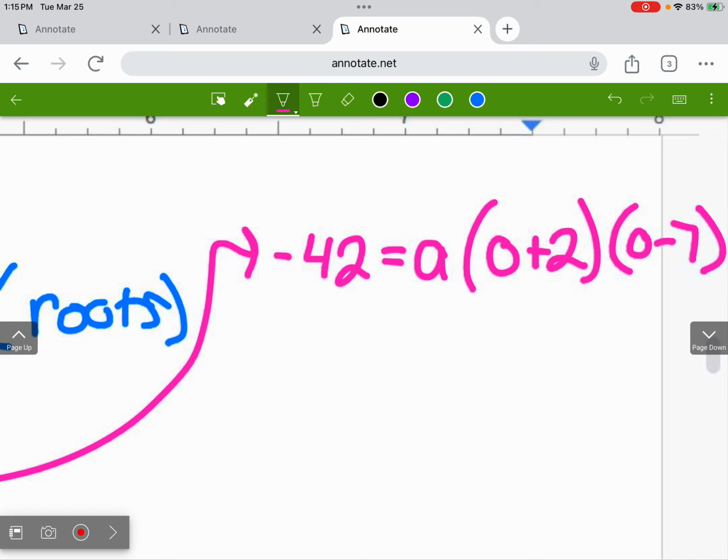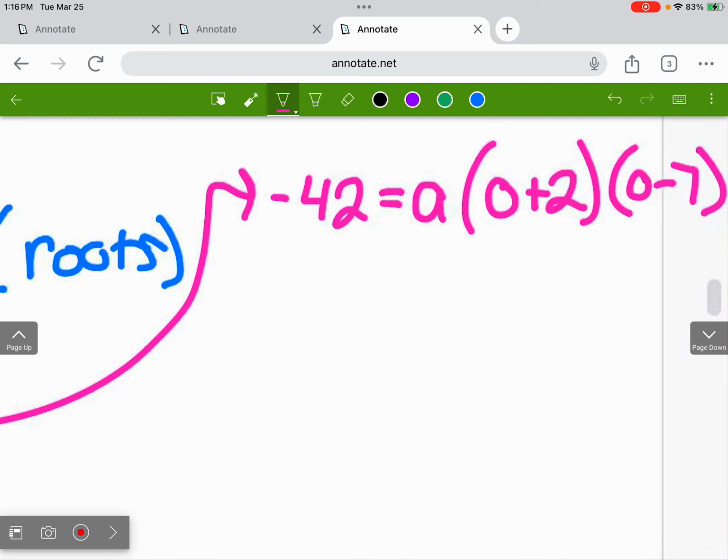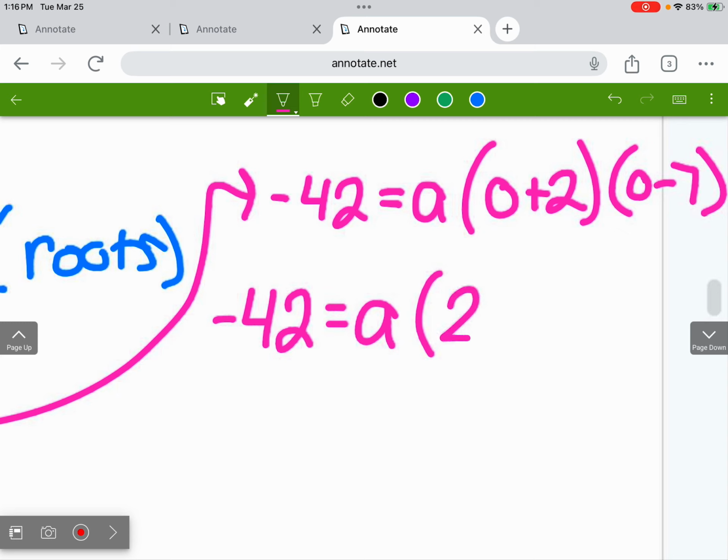So I'm substituting those 2 pieces in, my 0 and my -42. Now I have only one letter, and I can figure out what a is. So we're going to simplify this a bit. We've got -42 equals a times 0 plus 2 is 2, and 0 minus 7 is -7. So we're going to simplify those guys.